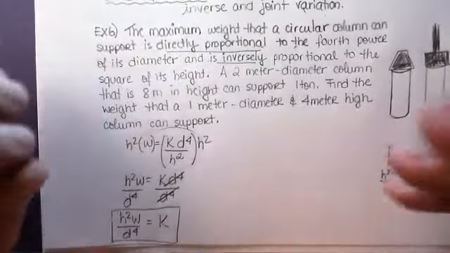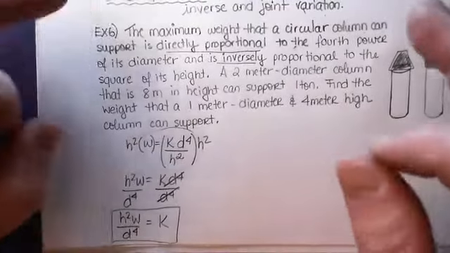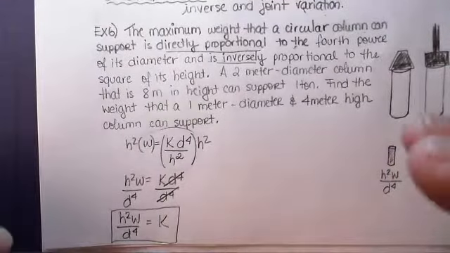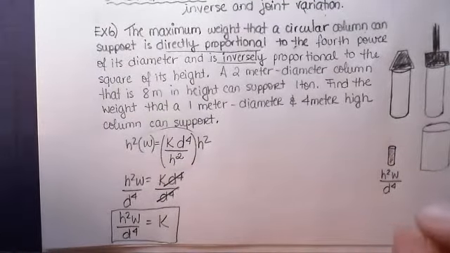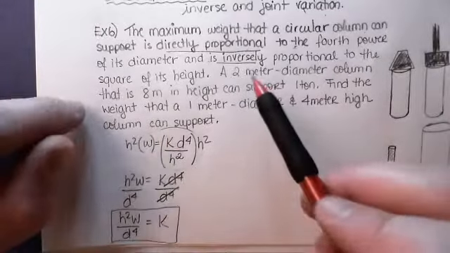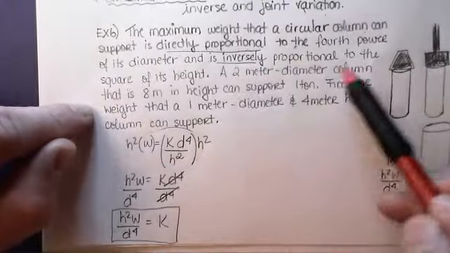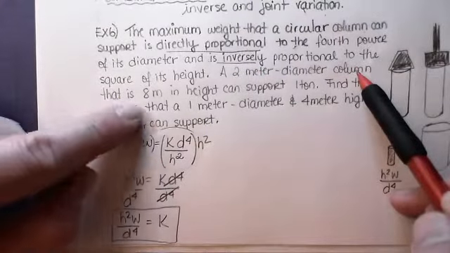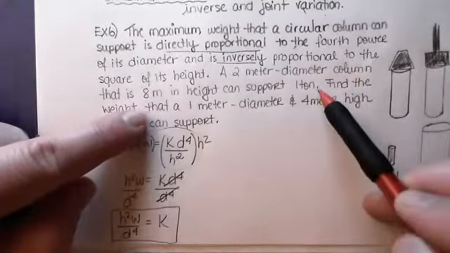Most of the problems in this section are going to have two situations. Let's look at these two situations. A 2-meter diameter column that is 8 meters in height can support 1 ton.